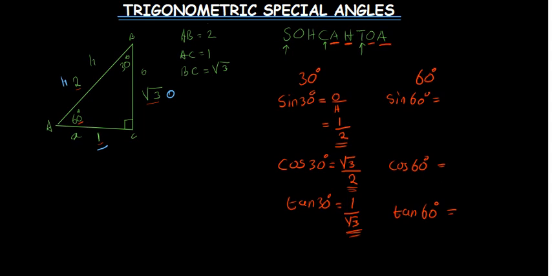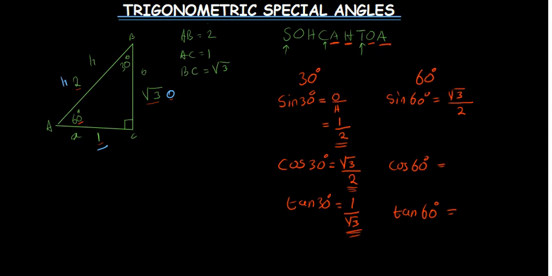Okay, so now when we get to sine, we know to say sine of any angle, or in this case sine of 60, is the opposite, which is this one, divided by the hypotenuse. The opposite that we have is now root of 3 divided by 2.